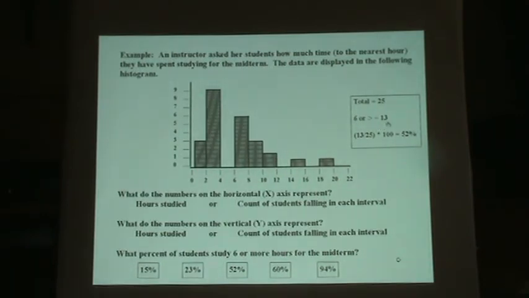So 13 students studied 6 or more hours, and then you had to have the total of all of the hours studied, and that came to 25. And so then 13 divided by 25 times 100 gave us 52%. All right, let's go on to another example.